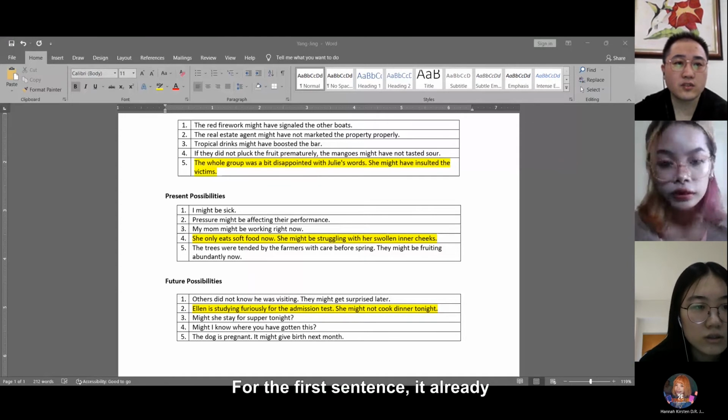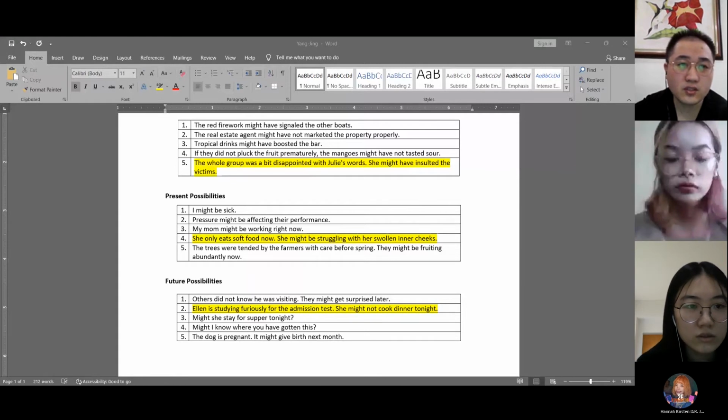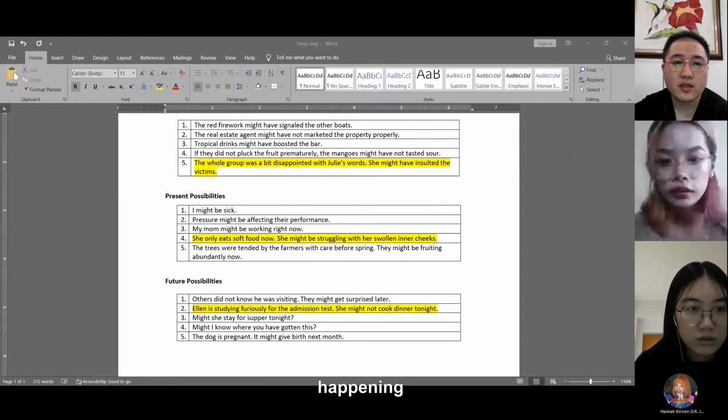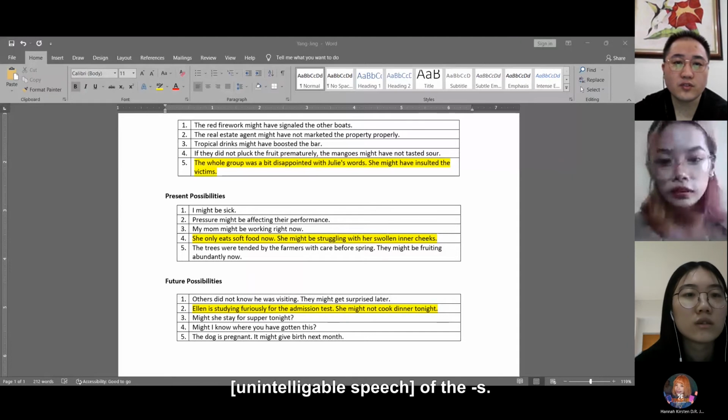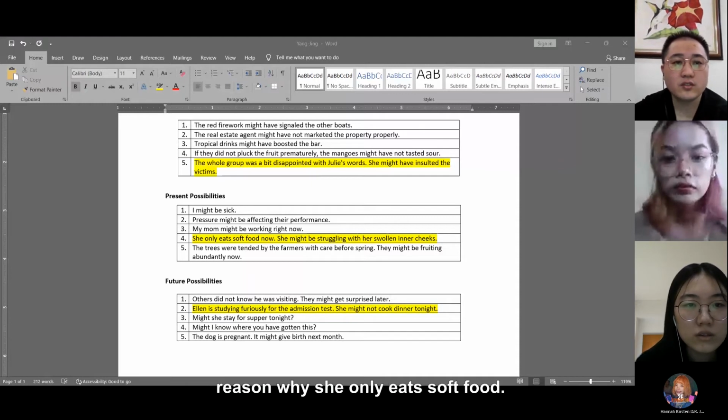For the first sentence, it means that it is currently happening because of the sentence. The second sentence is about the research that she only eats soft food.